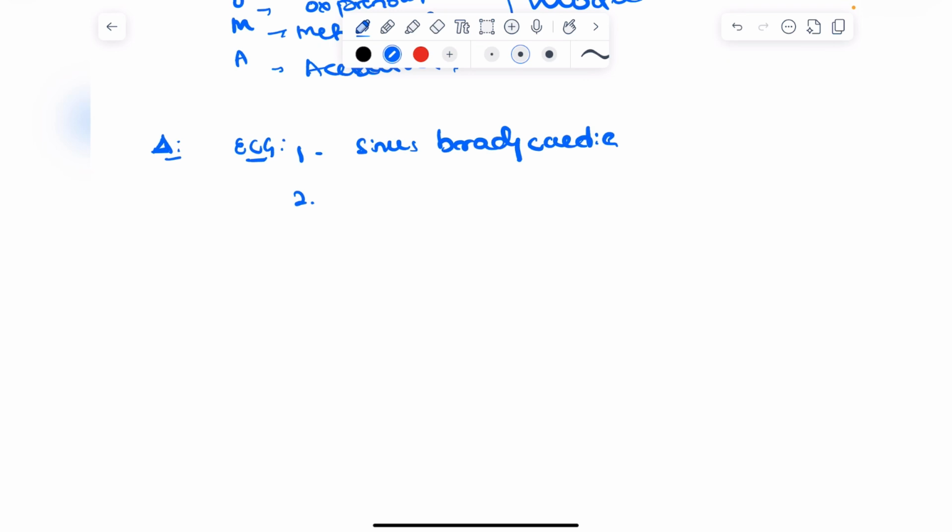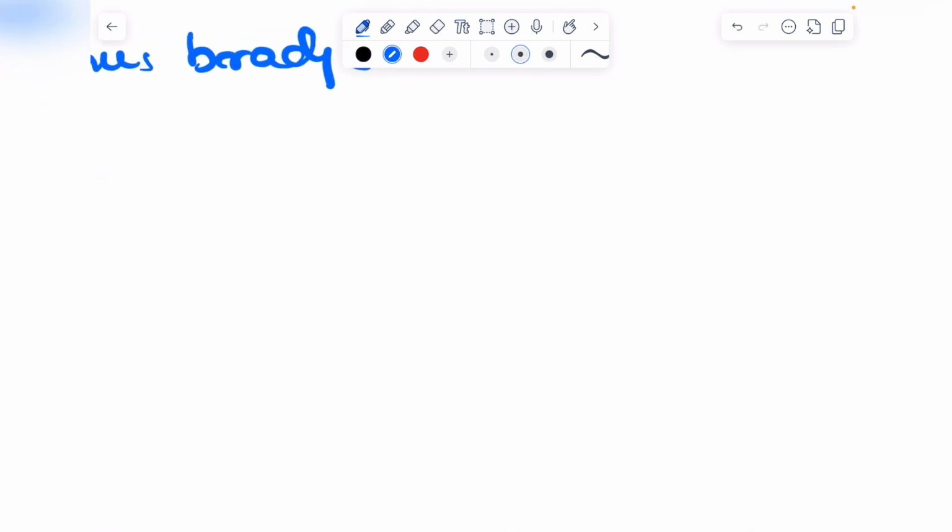Second point: some beta blockers have the property of additional sodium channel blockade. Propranolol has an additional sodium channel blockade property, and so do carvedilol, betaxolol, and acebutolol. Along with the beta blocker property, they have additional sodium channel blocking property.